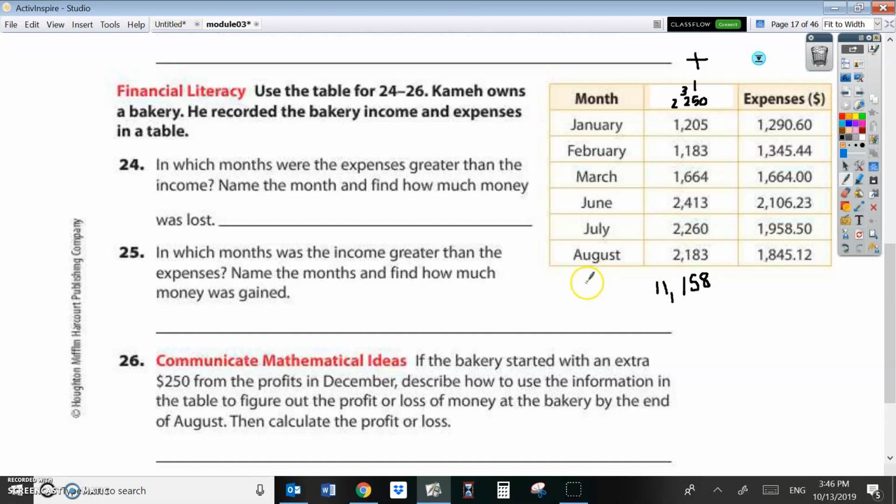So this is total income. Total income is right there.